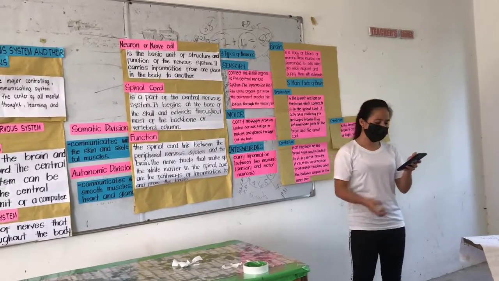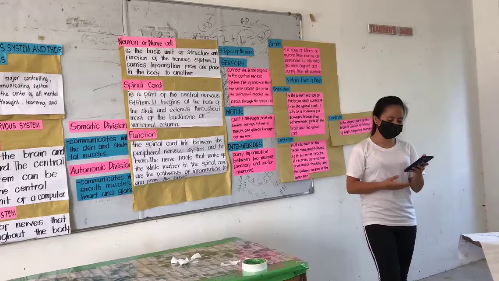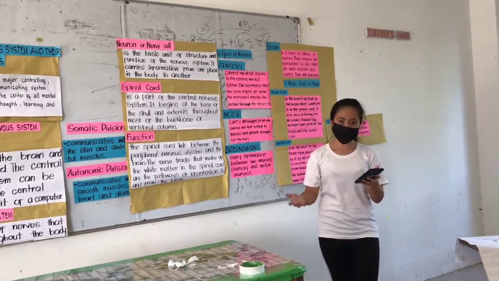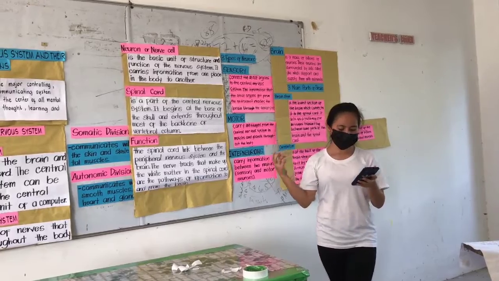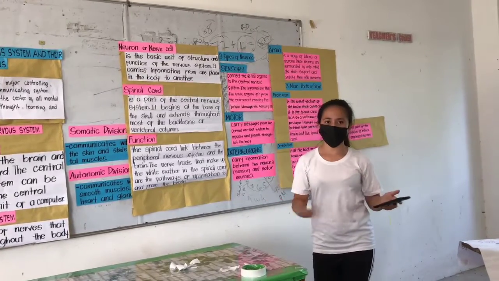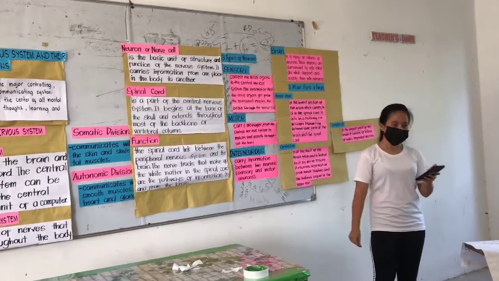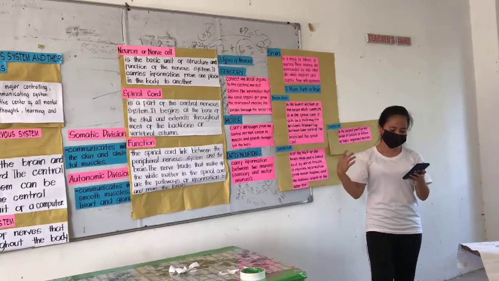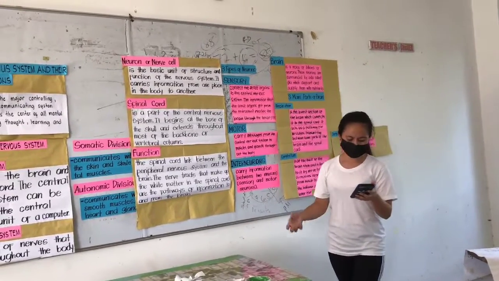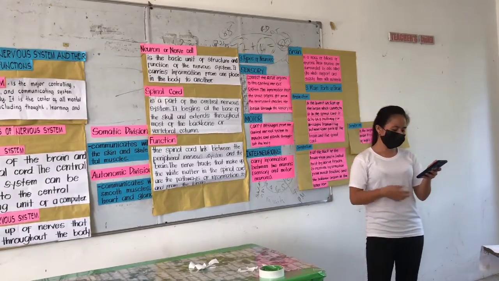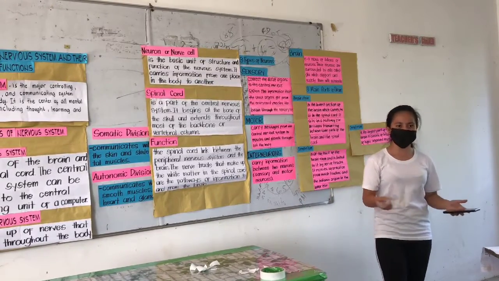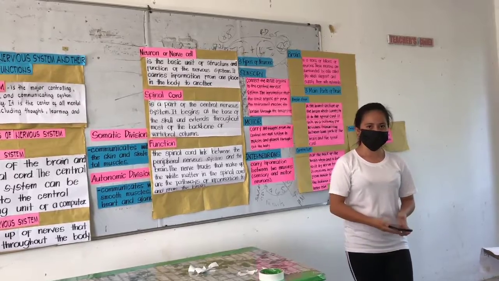The pons connects the major motor and sensory nerves from the spinal cord, medulla, and cerebellum with the midbrain and the cerebellum. The midbrain also controls eye movement and the size of pupils. It also coordinates head movement with sight and sound.